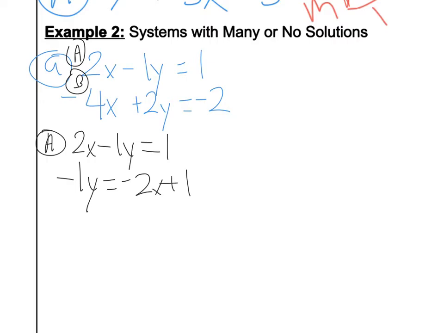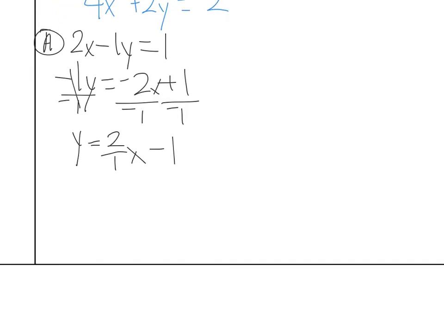I didn't write that step in. Hopefully you've caught on. Now we divide by negative 1. I will write this one in so that we don't screw up signs like I just did on the last one. So we're left with y equals, 2 negatives make a positive, so positive 2 over 1 x. And a positive and a negative with a 1 over 1, that's going to be minus 1. So that's your A equation.